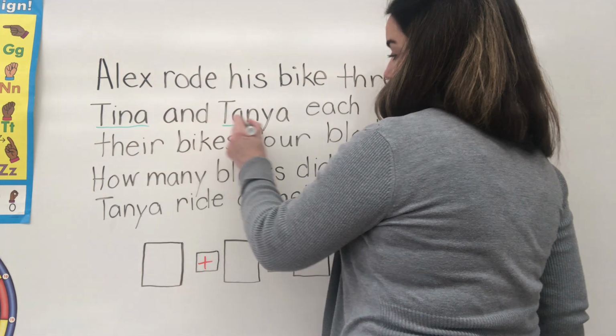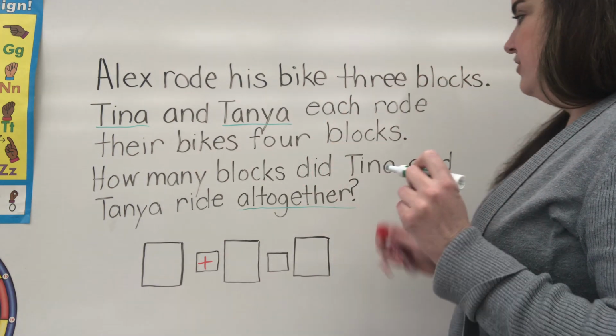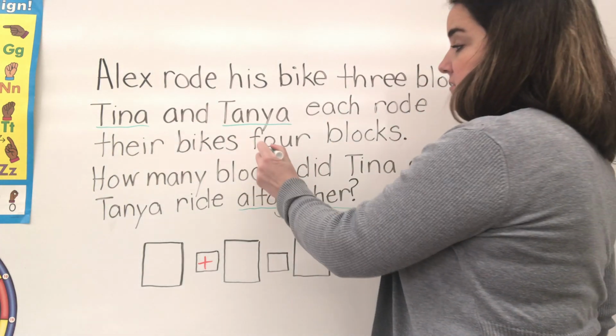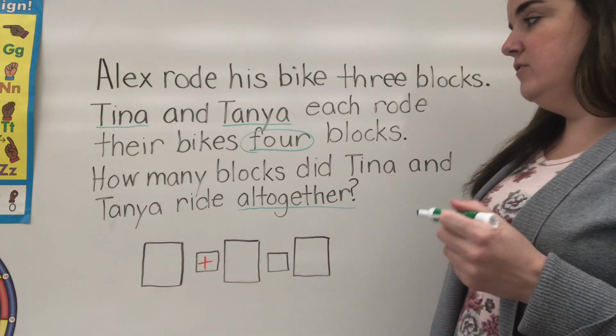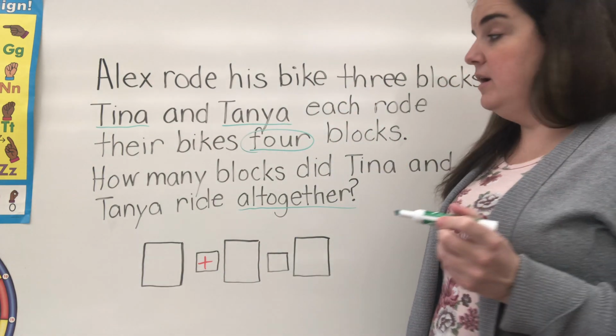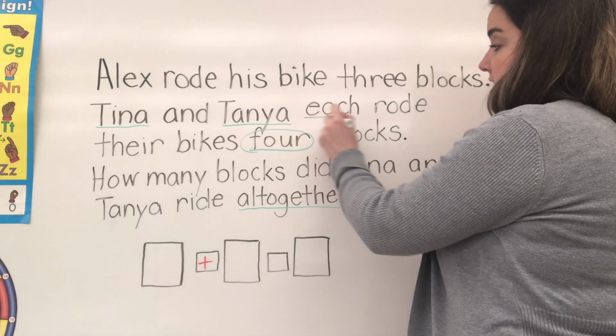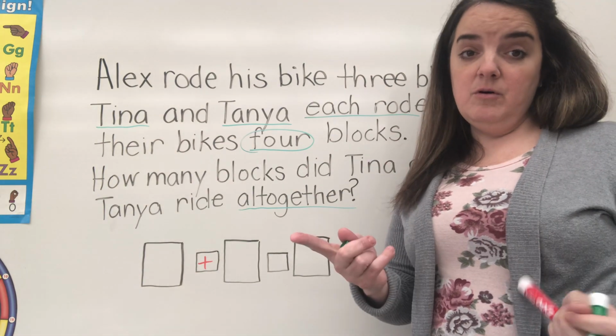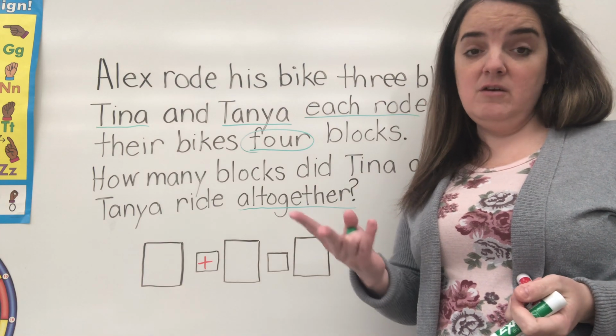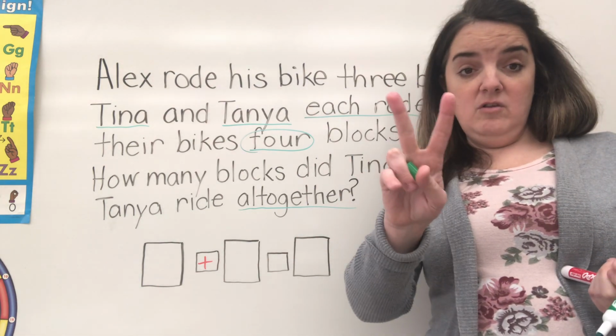Tina and Tanya each rode their bikes 4 blocks. So that's my number, 4. Now it says they each rode. So that means Tina rode 4 blocks and Tanya rode 4 blocks. So that's 2 numbers.